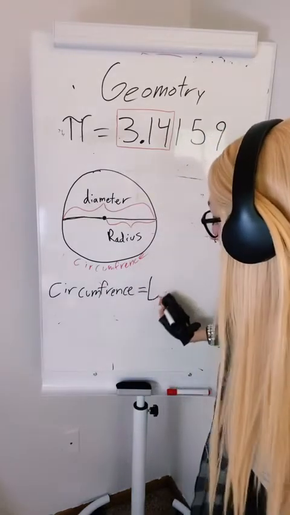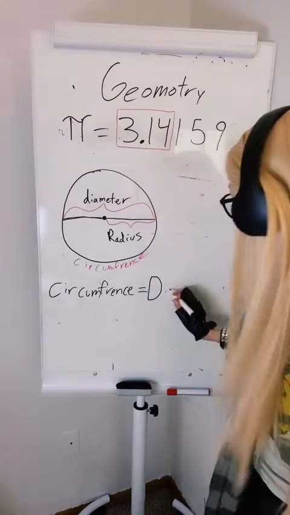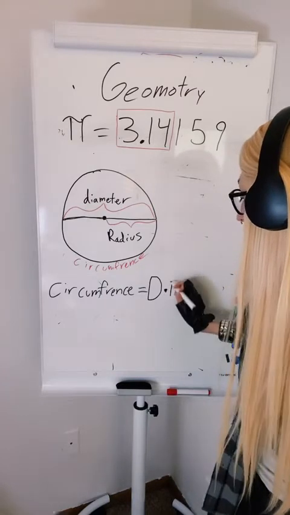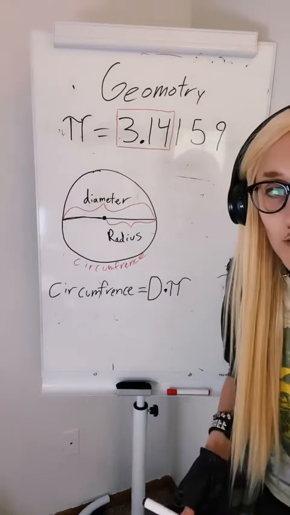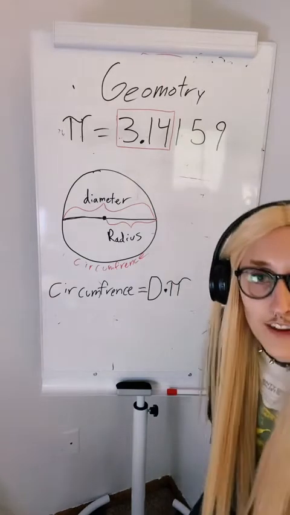It's my diameter times pi. That was a really bad pi symbol, but we're going with it. That's how we find it.